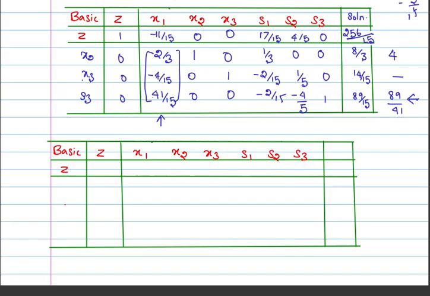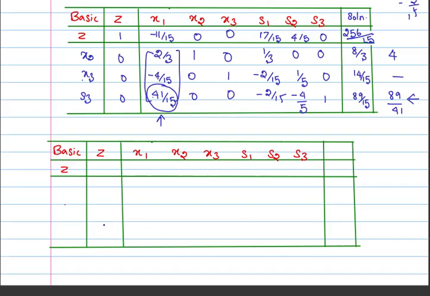So this is the least value, it's more than 2, it is 4. So that is why S3 is the leaving variable. So that means this guy becomes the new pivot position.